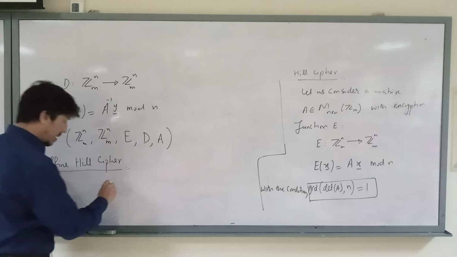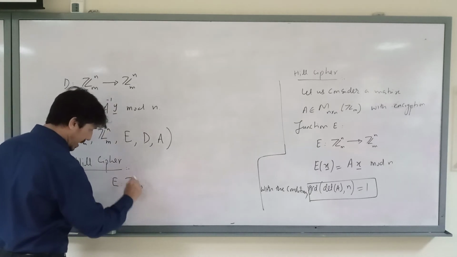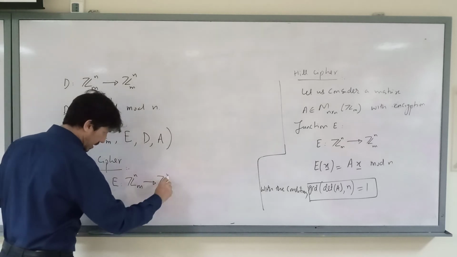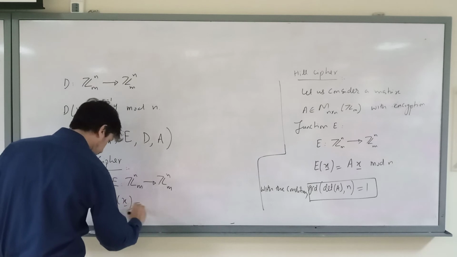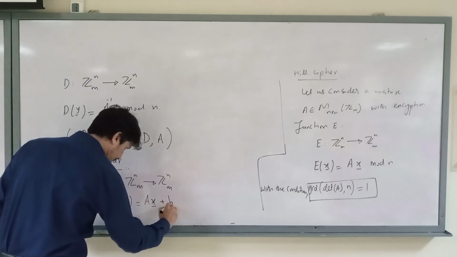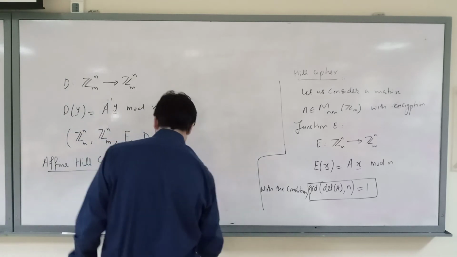It means encryption from ZMN to ZMN, and the encryption function over here is AX plus B mod N.